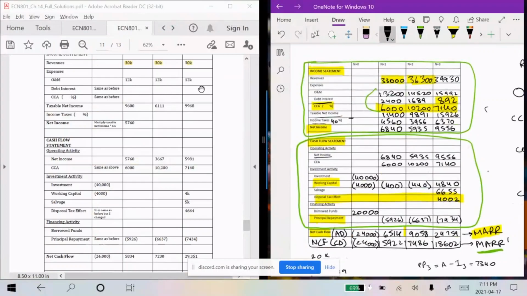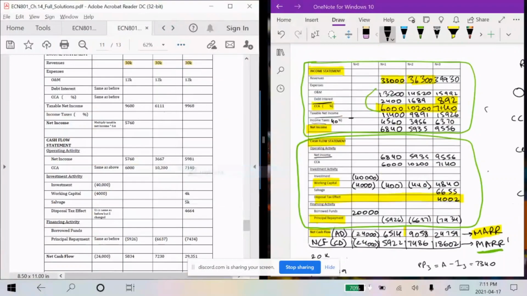CCA would be 6,000, 10,000, 1,200, and 7,140. Taxable net income is again going to be, he just calculated it. It won't be the same, but he calculated it. What you do again for this is take the revenue minus all the expenses, the O&M, debt interest, and CCA. You subtract that, you get this taxable net income.